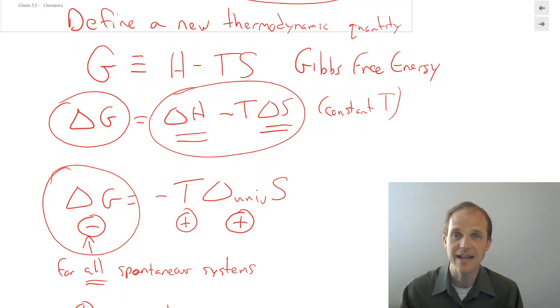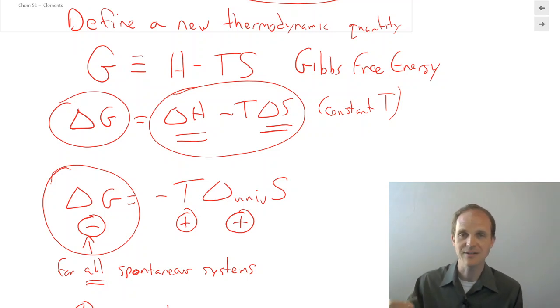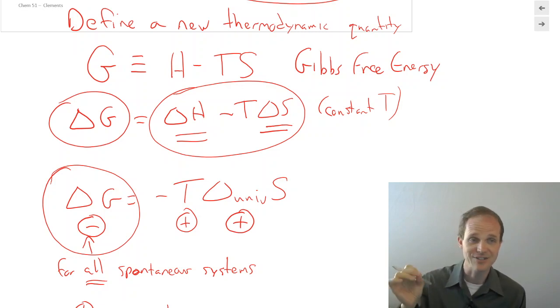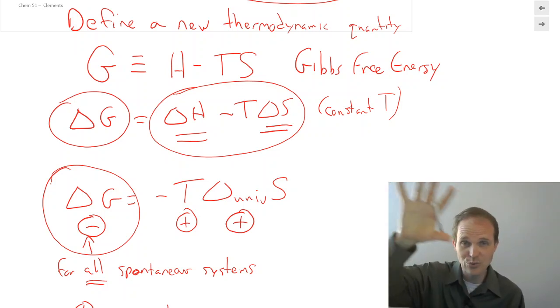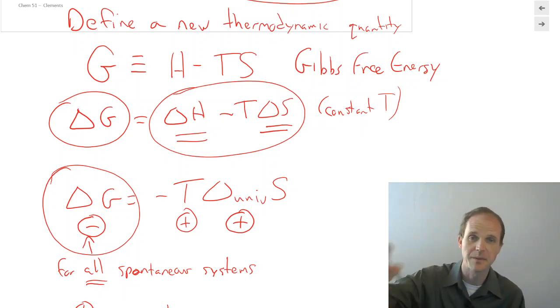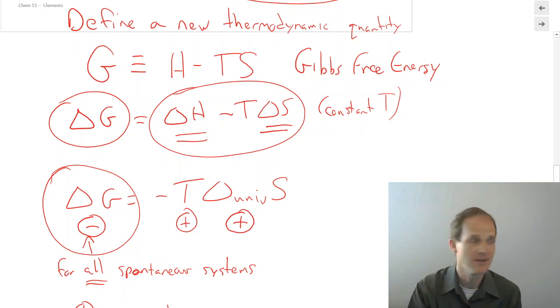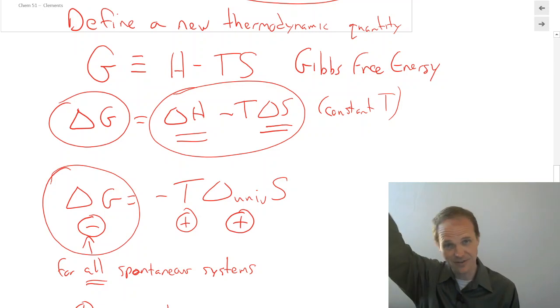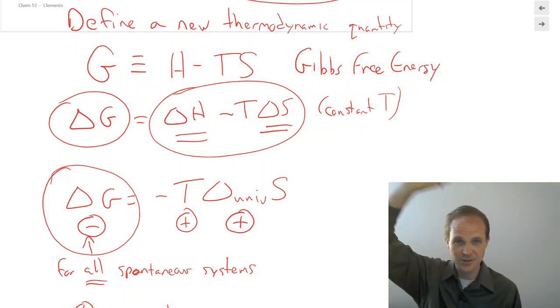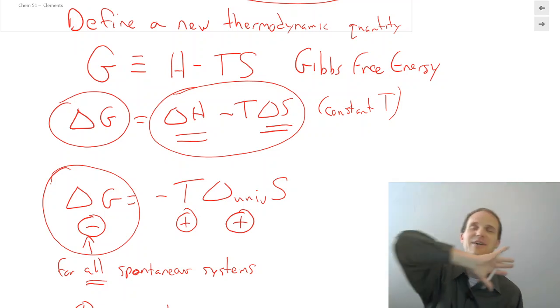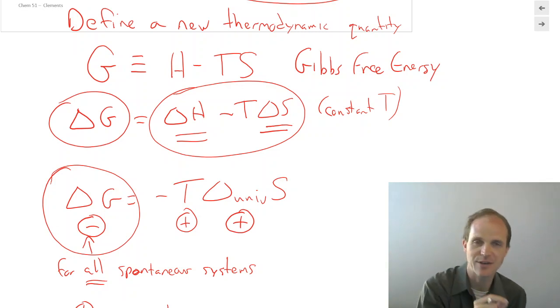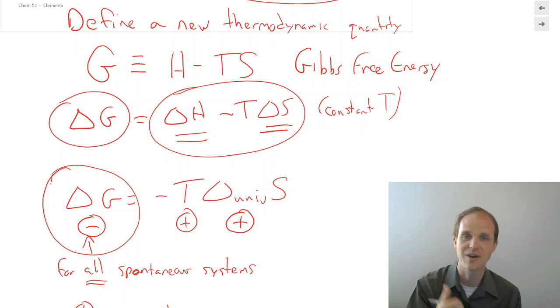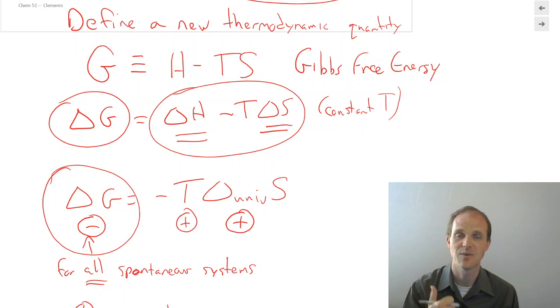Okay? And so we now have a way of calculating, essentially, the entropy change of the universe by looking only at our system, which is crazy. Really, Alpha Centauri is part of the universe. And so we're actually looking at the entire universe and how its entropy changes just by looking at what our system does. What kind of heat is our system releasing? What kind of entropy change is happening in our system?